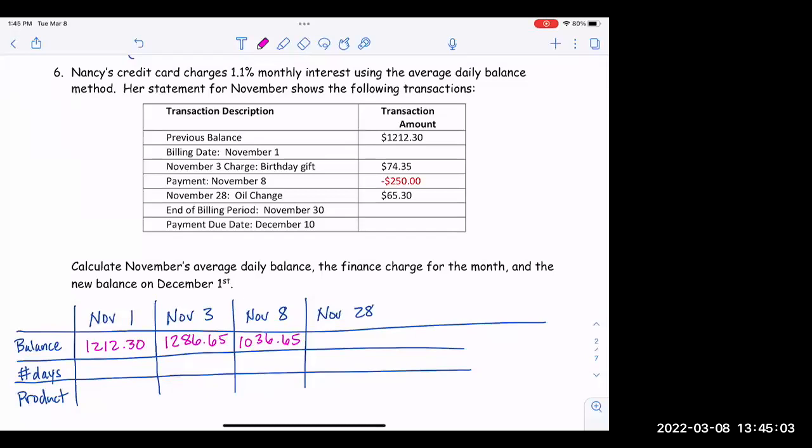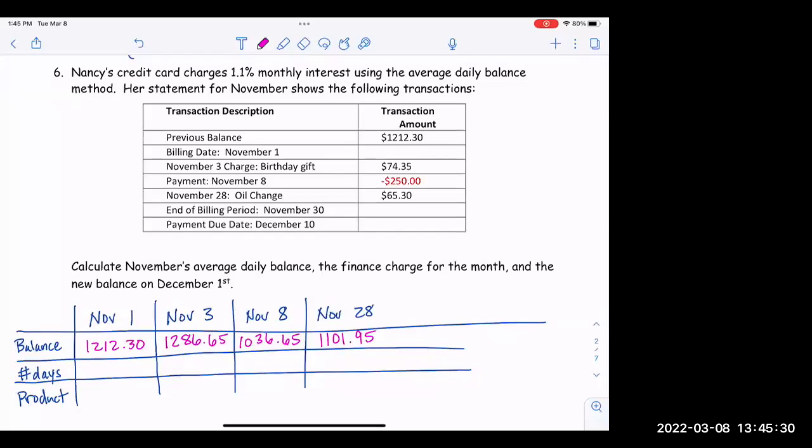We got an oil change, so we charged $65.30, so I would add that, and that means my balance at the end of the month is $1,101.95. Any questions just on the setup of the table or how we got any of those numbers?